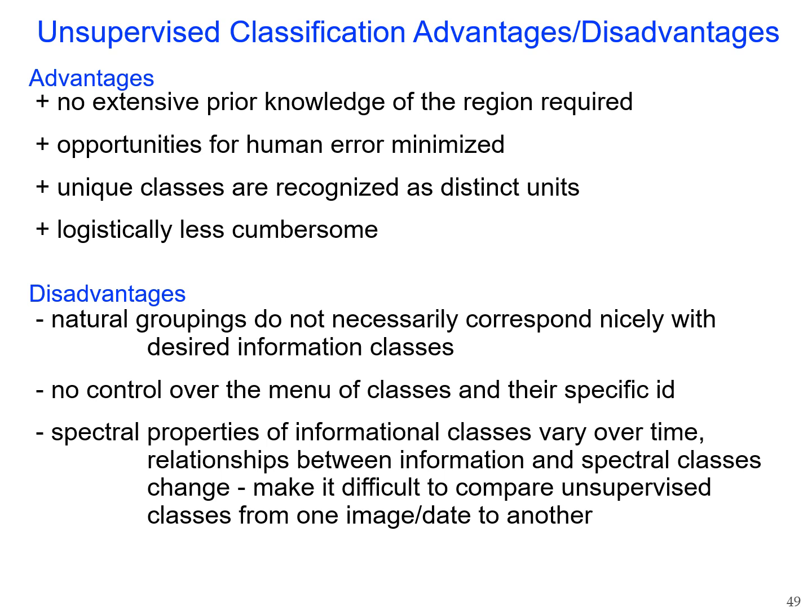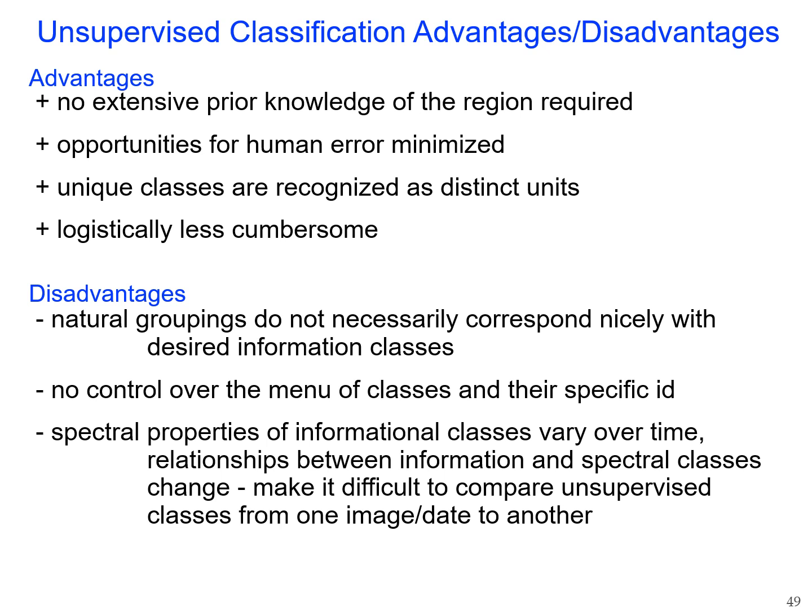And then to review unsupervised classification, advantages: no extensive prior knowledge of the region is required. The opportunity for those little digitization errors and similar things is minimized. Unique classes will be recognized as distinct units. And logistically, it's just less cumbersome to not have to deal with the training data sets.